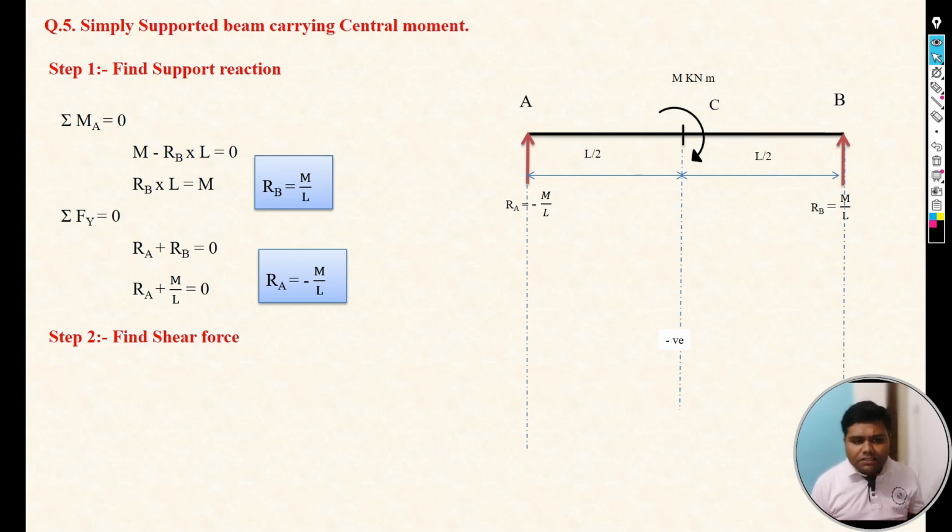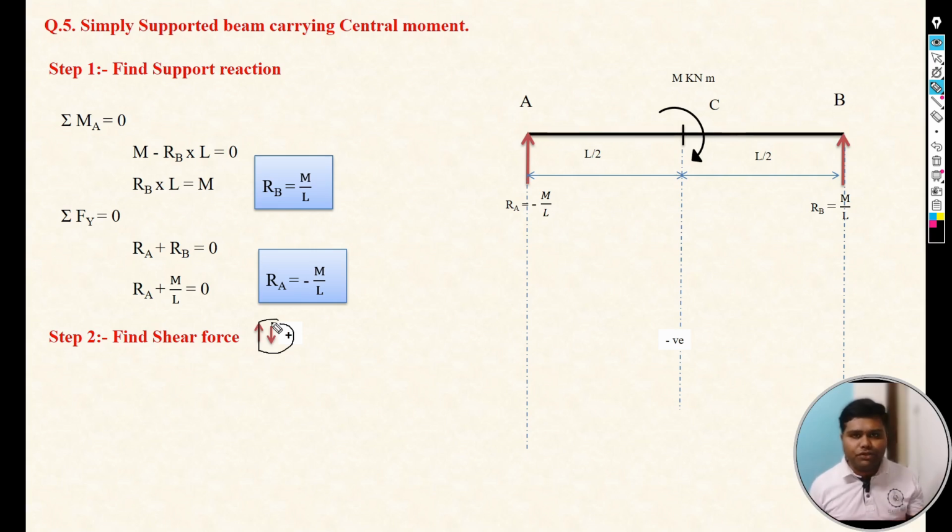Now in the next step, we find the shear forces, and for the shear force, the most important thing is that we need to consider the sagging and hogging concept. See the difference between the calculation of shear forces and support reactions. In the support reaction we can use any sign convention, but for the calculation of shear force we have to go with the sagging and hogging concept, and we have already discussed how we consider those sign conventions.